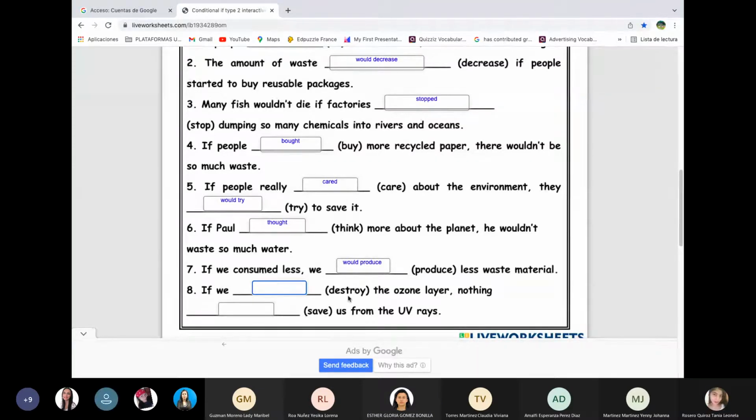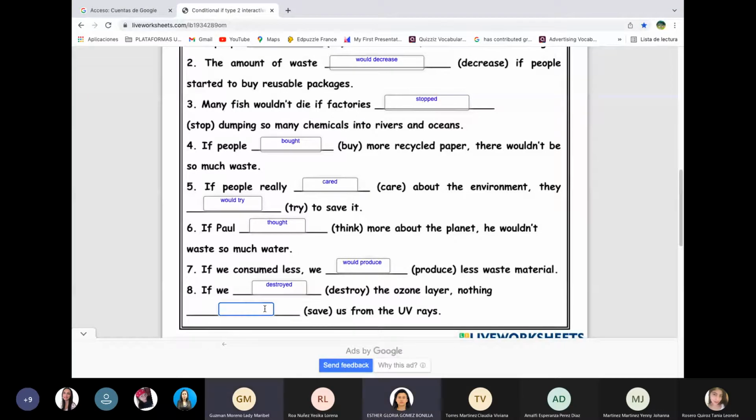Destroy. Past tense. If we destroyed the ozone layer, que es la capa de ozono. If we destroyed the ozone layer, nothing. Save it. ¿Sí? Remember the modal.